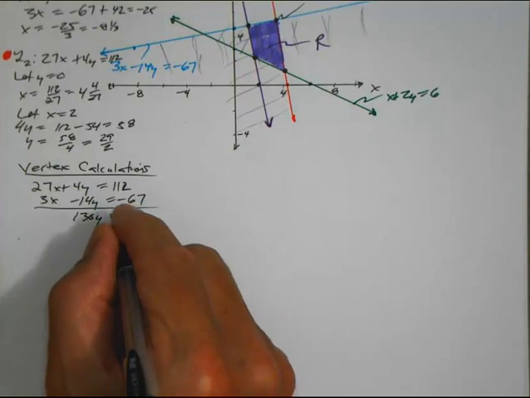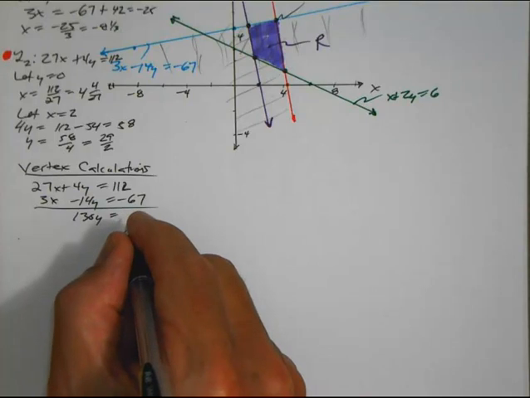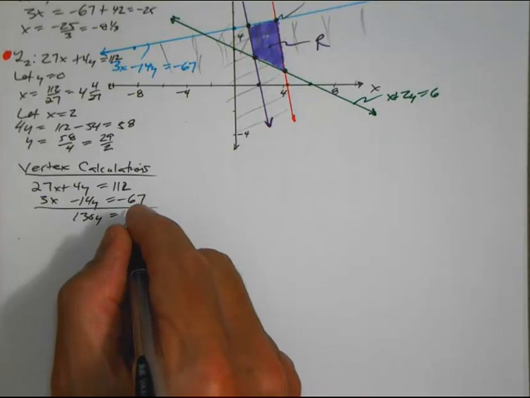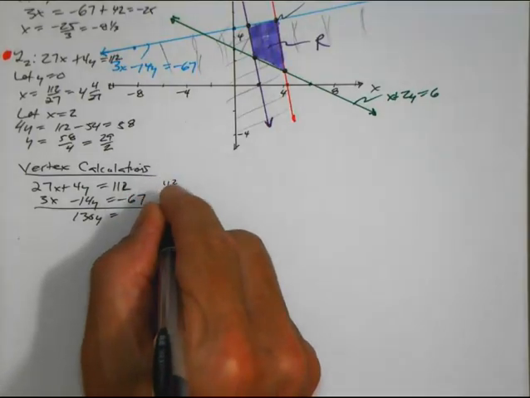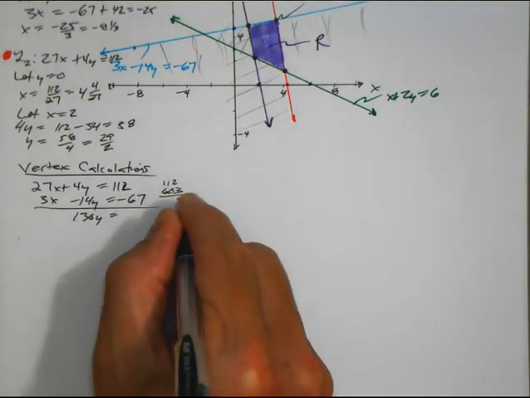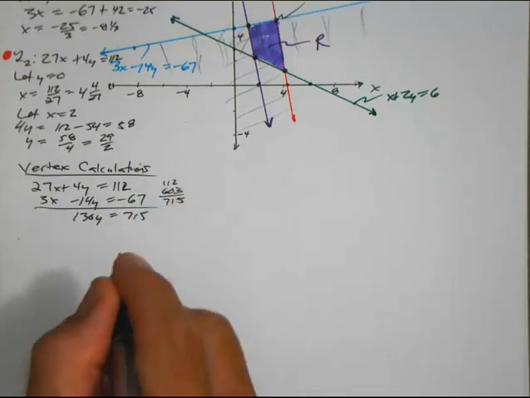So let's see, 670 is 10 of it, and so 603 would be 9 of it. 603 and 112, we're up to 715.